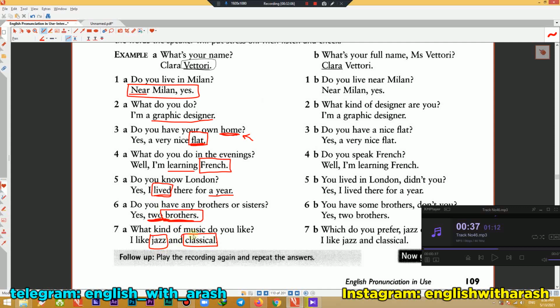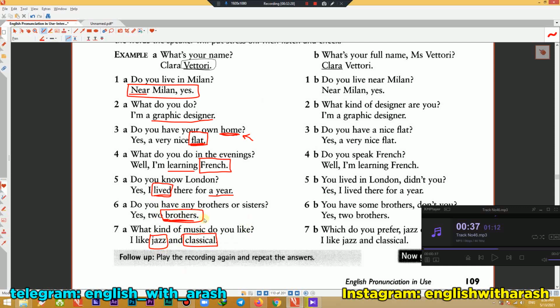If the question was how many brothers do you have, you would say, I have 2 brothers. But now the question is, do you have any brothers or sisters? I have 2 brothers. I don't have sisters, right? So 2 is not very good to say louder here. Brothers is more important.